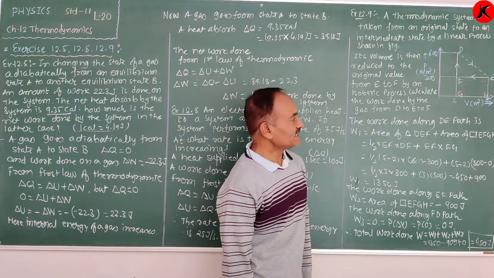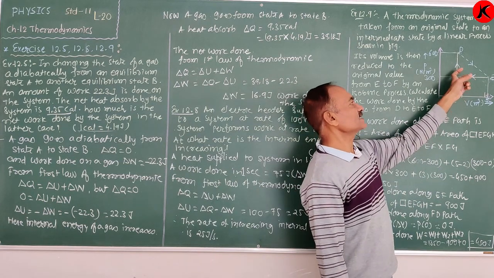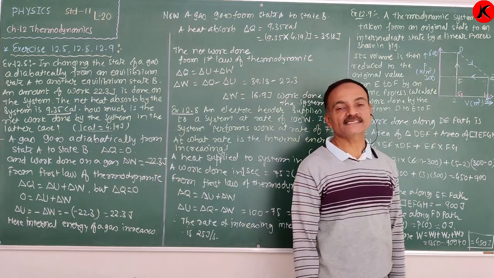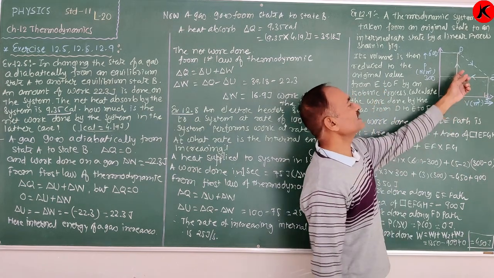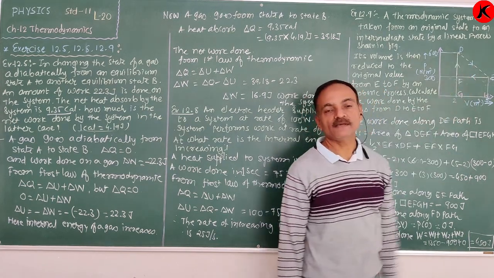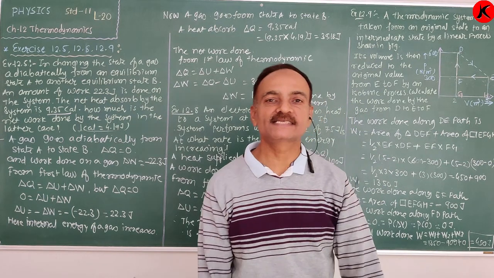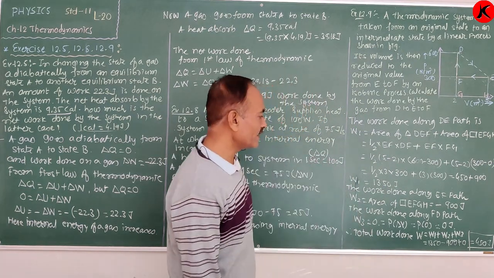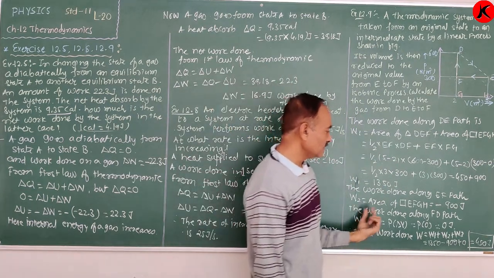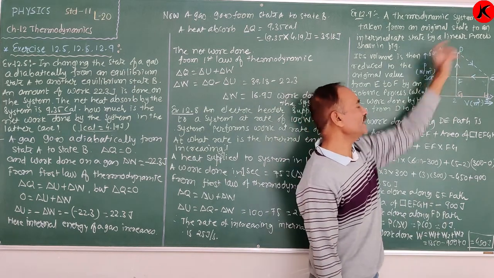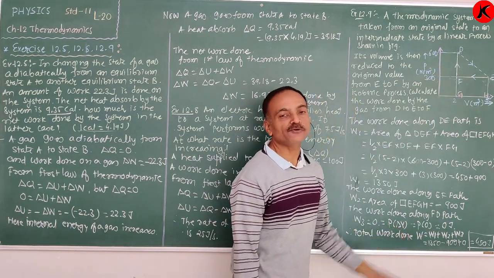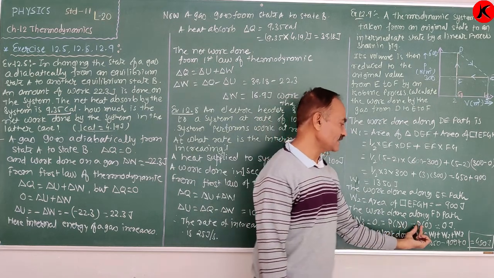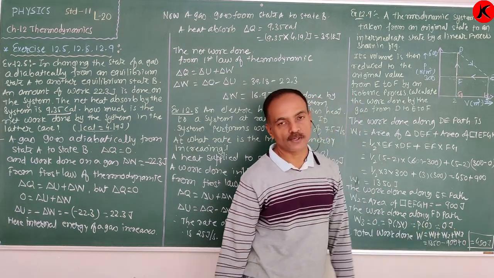Now next, the work done to bring the system from F to the initial state D. Here we bring the system at constant volume, therefore the change in volume is 0. That is the isochoric process. Therefore, the work done along the F to D path, W3, is equal to 0 because P into delta V, but delta V is equal to 0, therefore 0 joule.